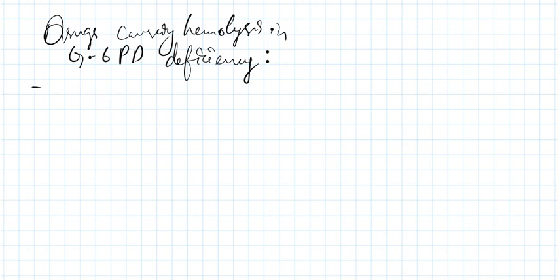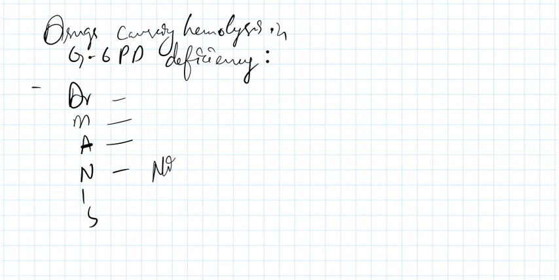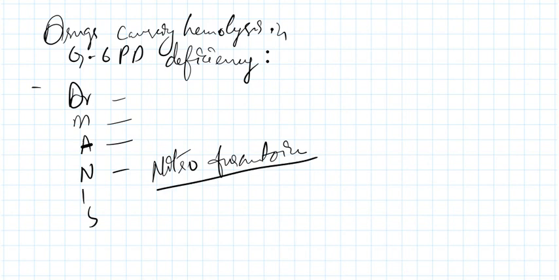What are the drugs which cause hemolysis in G6PD deficiency? Just remember the mnemonic: Dr. Manis. Doctor, D for dapsone, M for methylene blue, A for antimalarials, N for nalidixic acid and nitrofurantoin. This is important. Remember, nitrofurantoin causes hemolysis in G6PD deficient individuals, right?